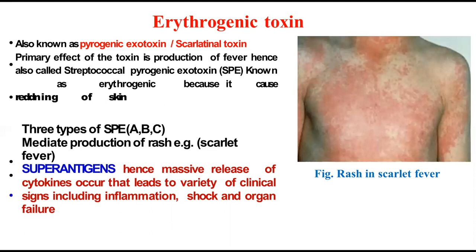So there is a massive release of cytokines, because these antigens are not properly regulated by phagocytosis. Every type of cytokine is released, because the immune system cannot tell what type of antigens these are, so it releases all types of cytokines.